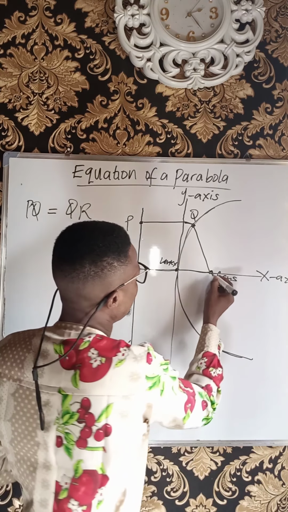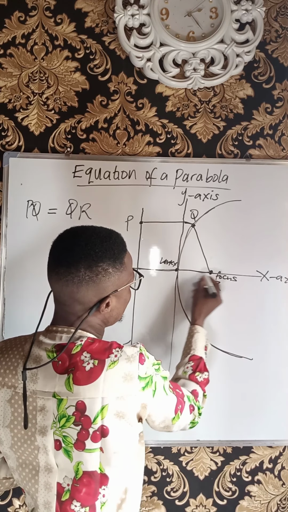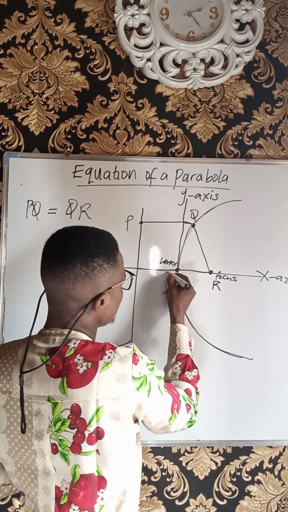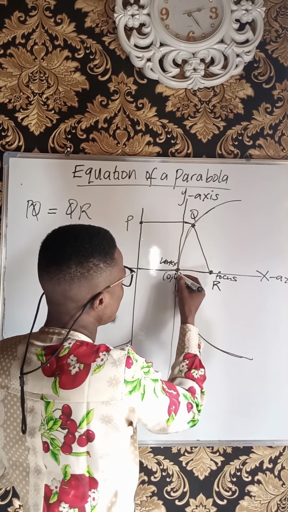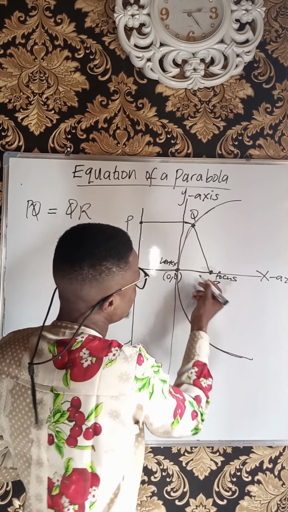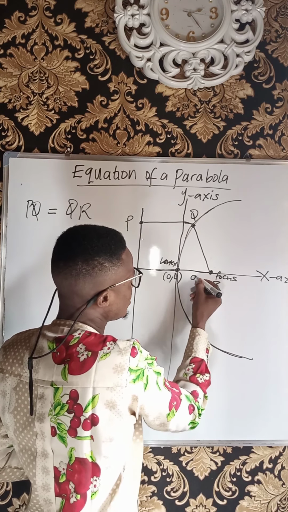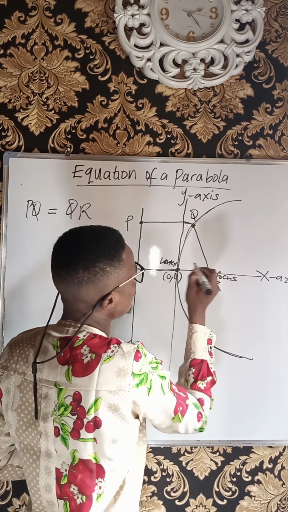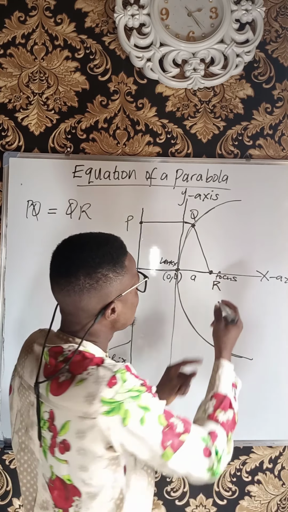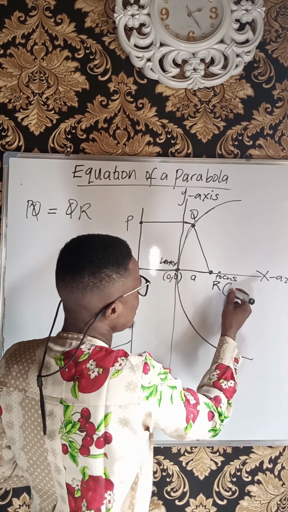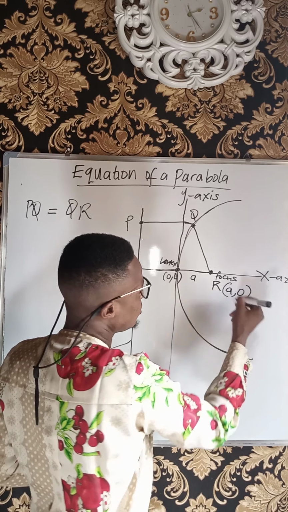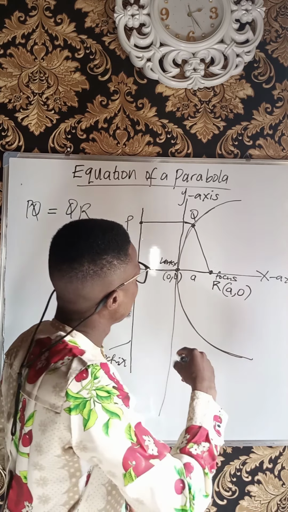Now, let's assume that this is the origin, 0, 0 for both x and y, and that this distance from here to here is just A. If this distance from the origin to the focus is A, it means the coordinate of R is (A, 0), because x is now A, while y is 0 at the origin.